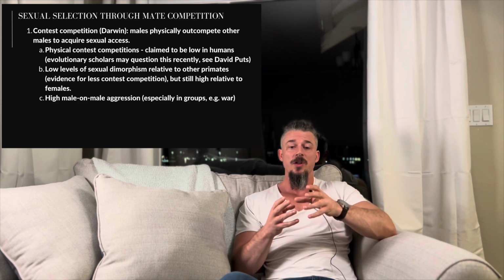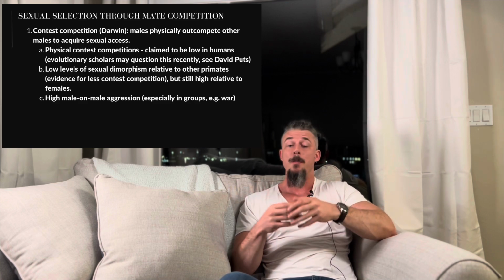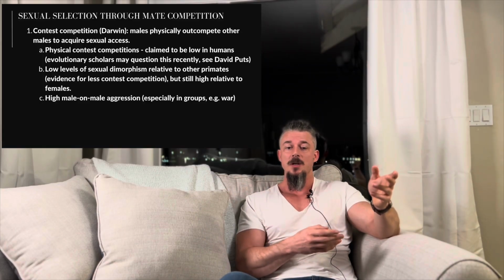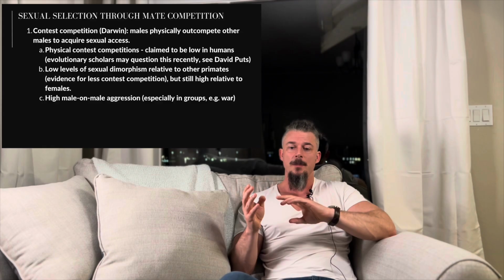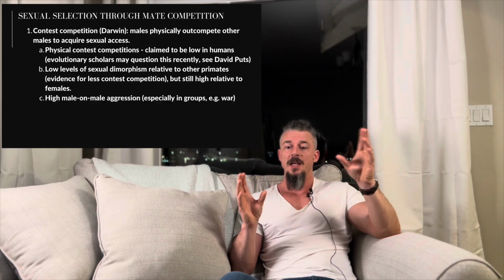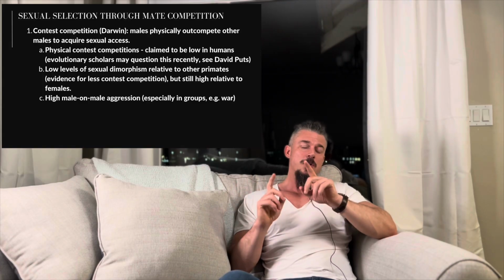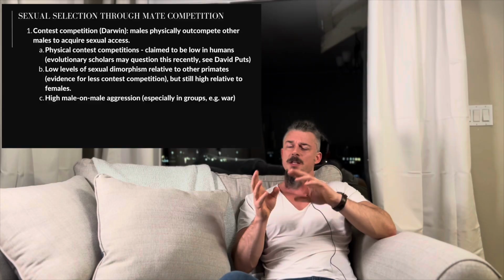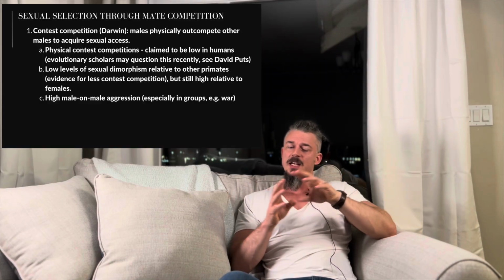They physically prevent other males from mating, right? They prevent them physically from sexual access to females. So these are physical contest competitions. Now, up until recently, it was claimed that these were kind of low in humans, but there are some evolutionary psychologists now that argue, yeah, maybe that's not the case. David Puts, I think, an evolutionary anthropologist, has done a lot of research on this.